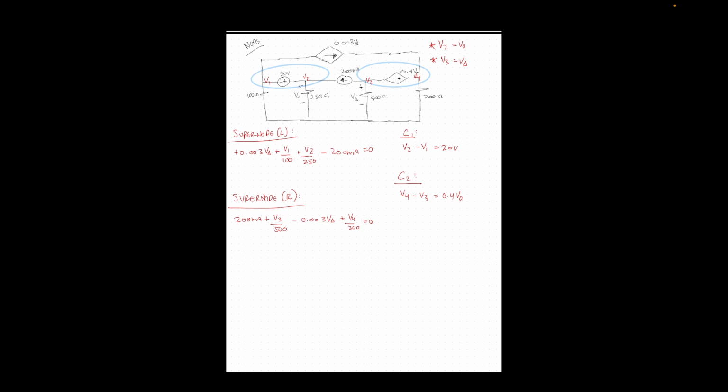So what I would do is multiply by a common multiple so I can go ahead and reduce these. For this one, I decided it was best to multiply everything by 500 and reduce as we go.